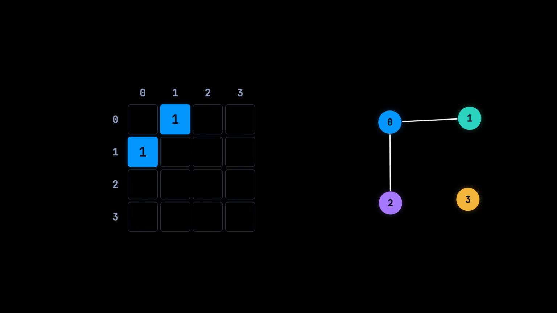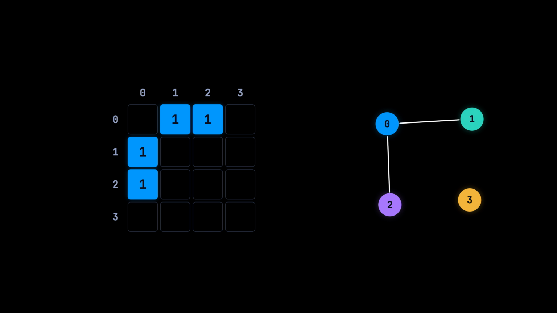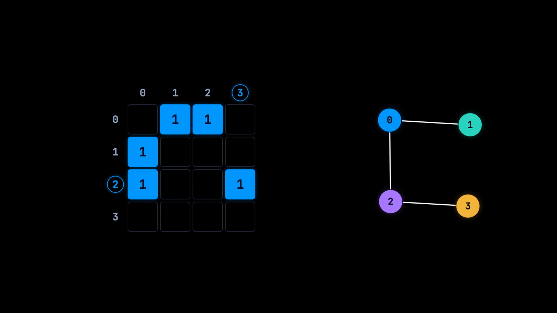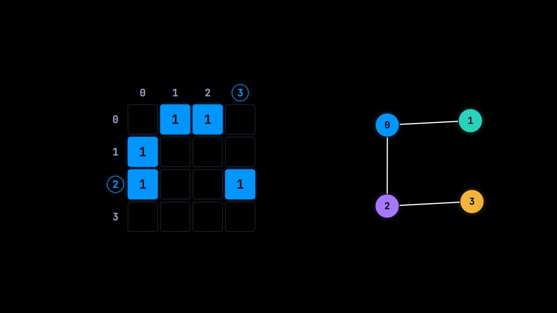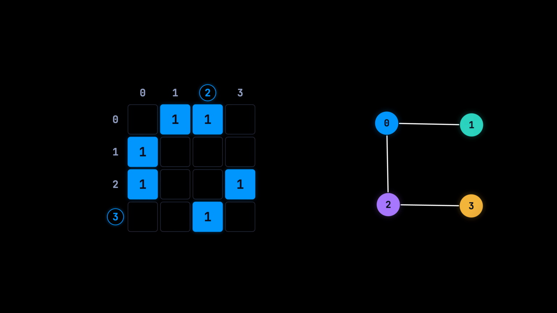Same simple steps. Row 0, column 2, write a 1. And its mirror, row 2, column 0, gets a 1 as well. And friend 2 is connected to friend 3. Row 2, column 3, a 1. Then row 3, column 2, its mirror, another 1. Notice we are filling 2 boxes for every single connection.